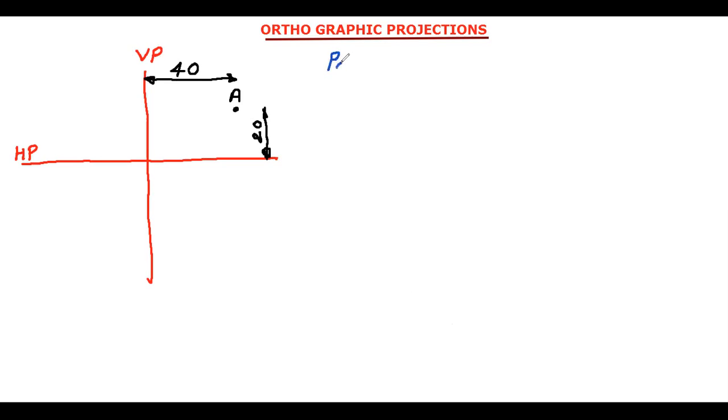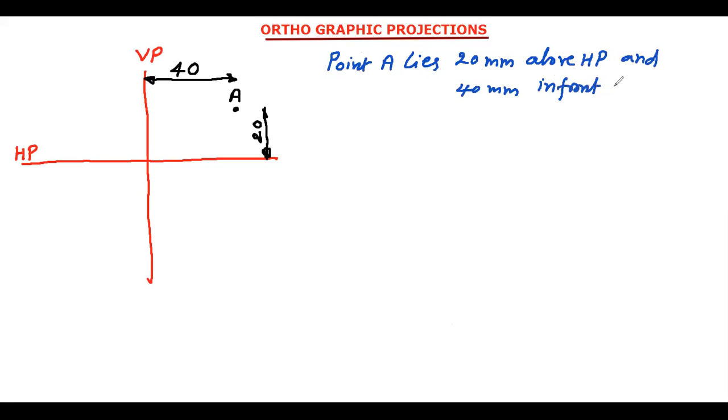See carefully. Point A lies 20 mm above HP and 40 mm in front of VP. Am I right? 20 mm above HP and 40 mm in front of VP.